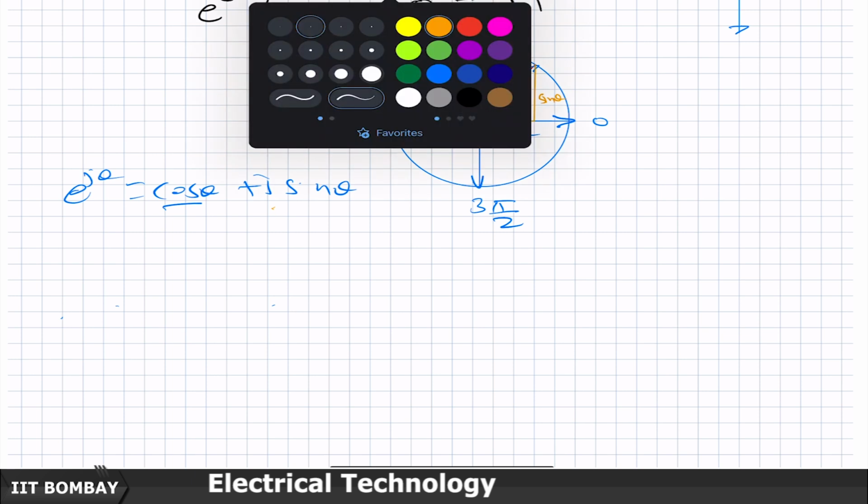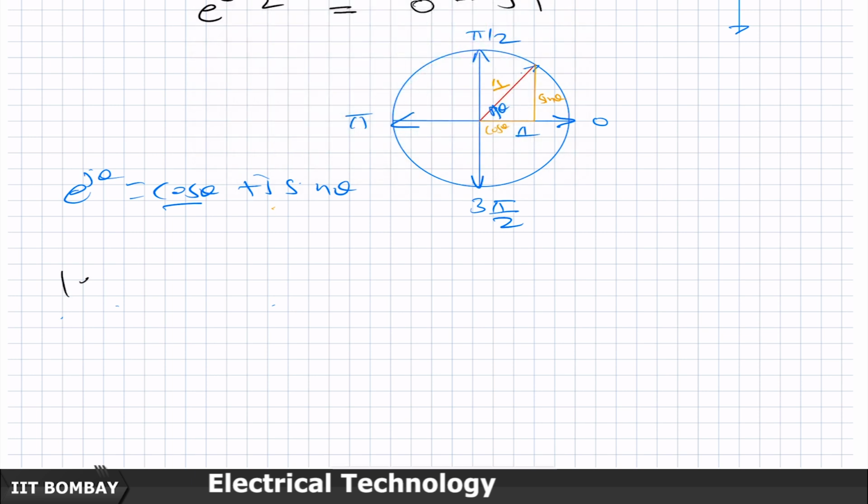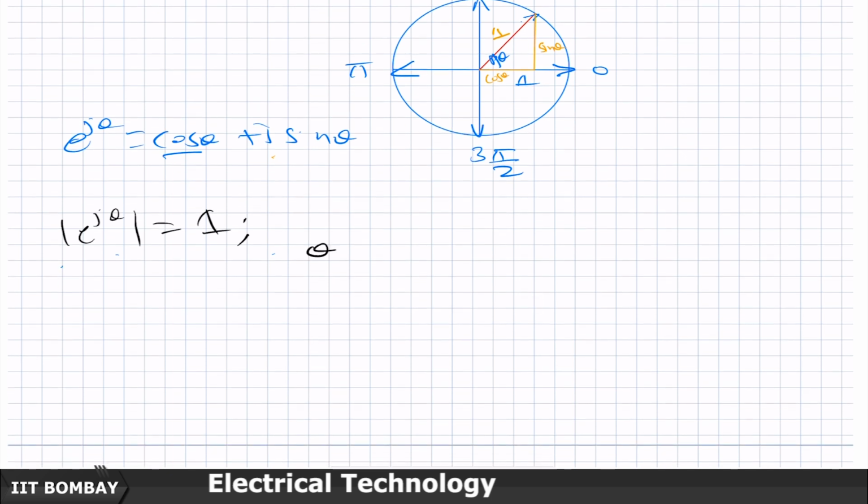Why do I call it a unit vector? Because the modulus of e to the power j theta is 1. So, it indicates a unit vector at an angle theta with respect to the x axis.